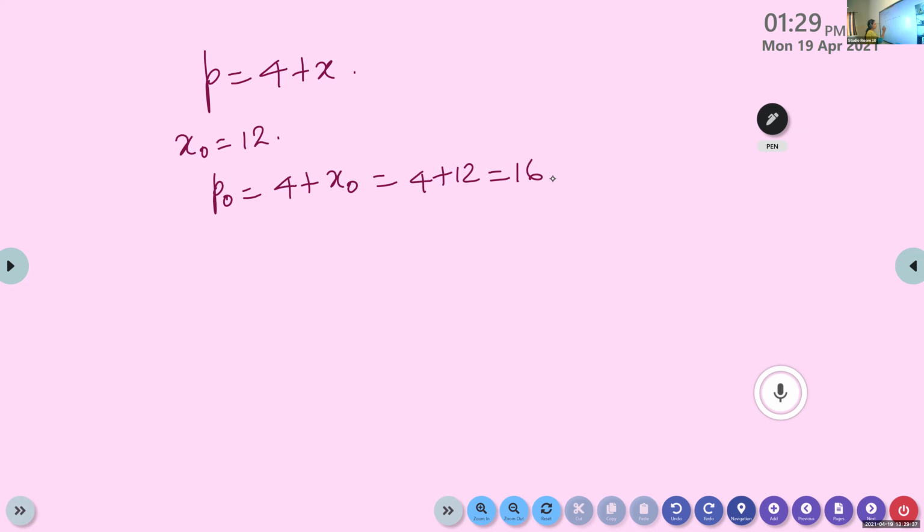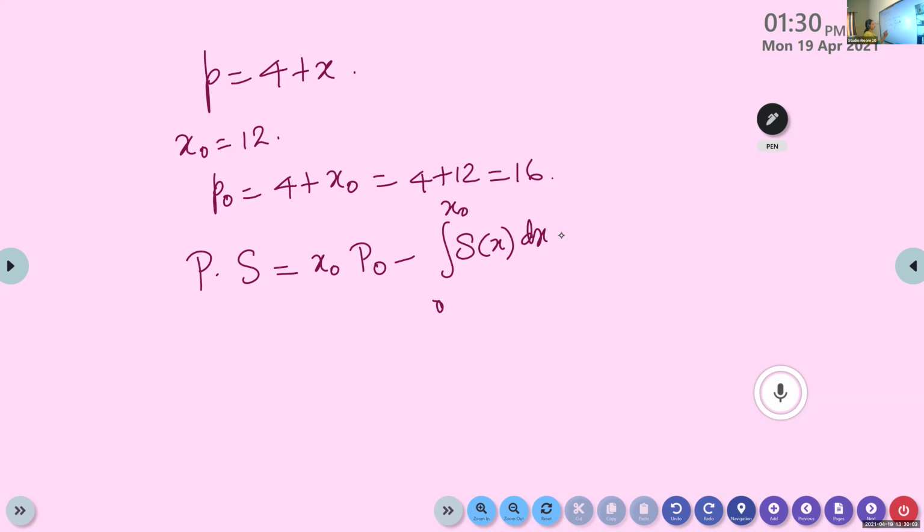If P naught is given, we can find the producer surplus. Producer surplus is integral 0 to X naught P naught minus integral 0 to X naught supply function S of X into dx, isn't it? Apply the value and find out.